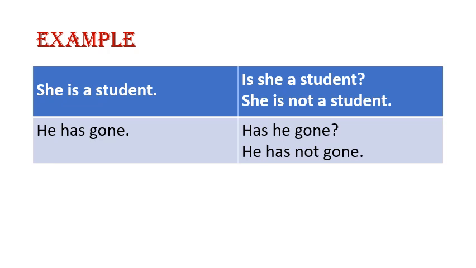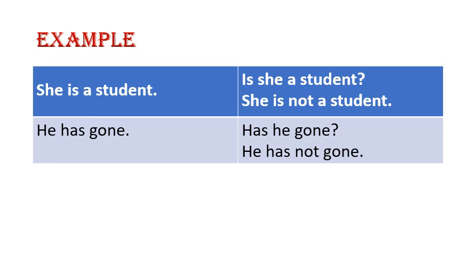Now just check the next two examples. We put the auxiliary verb is before the subject she. Is she a student? We change the statement to a question by interchanging the auxiliary verb is before the subject.